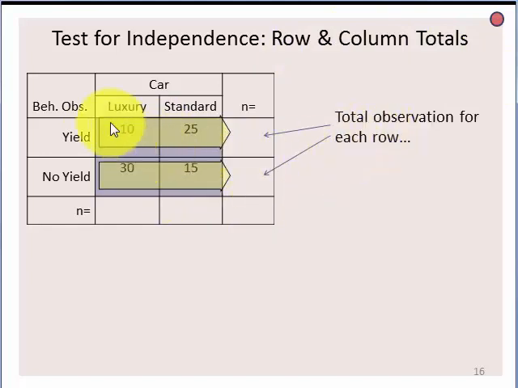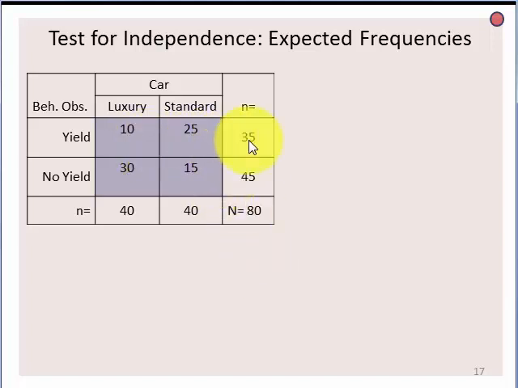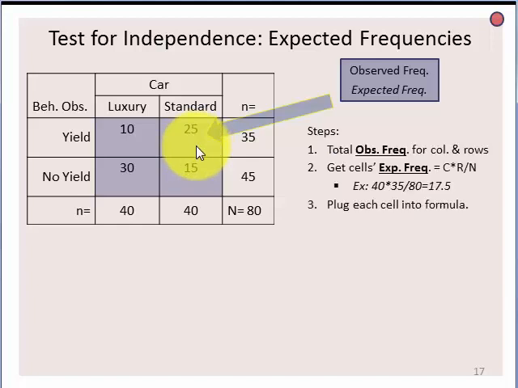So what we're going to do is total across this way, and then total down this way, and then you'll get a grand total. The way that works is 10 and 25 is 35, 30 and 15 is 45, etc. Then if you add this way and this way, you should get 80. Once we've done that, that allows us to get the expected frequencies that will go in the lower half of each cell.